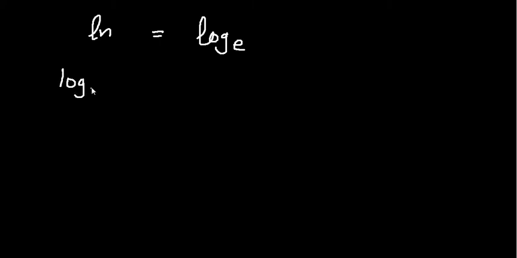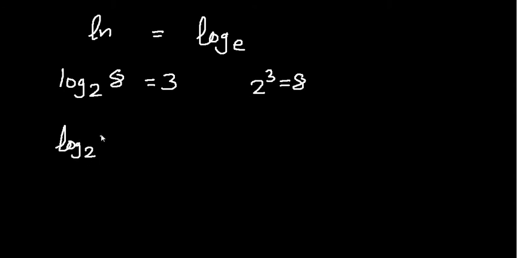You know what log to the base of 2 is. So if I did log to the base of 2 of 8, you know what the answer is. That is 3. If I wrote this in indices form, it's 2 to the power of 3 is equal to 8. If you had log 2 of 2, that will be equal to 1.